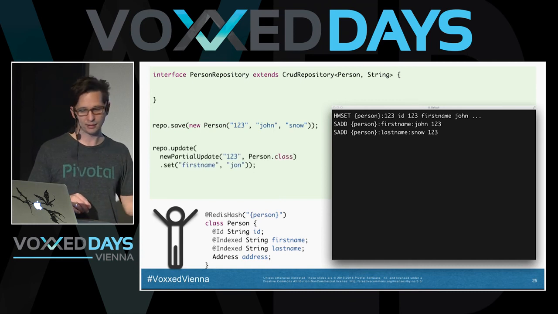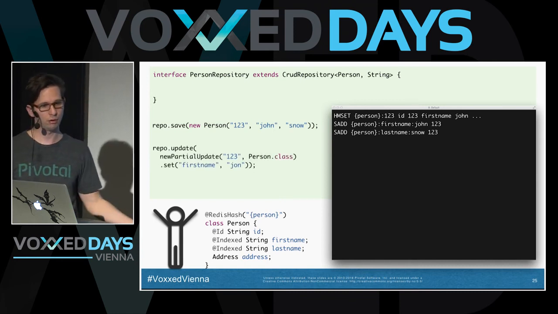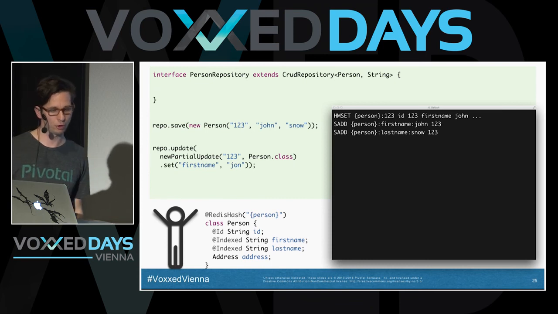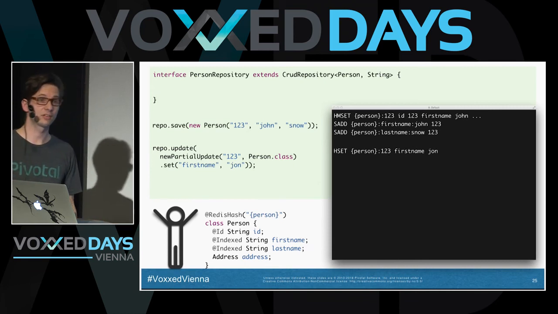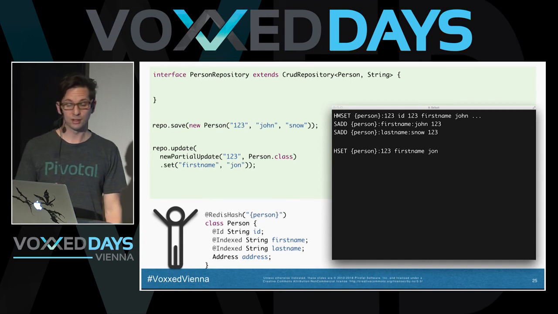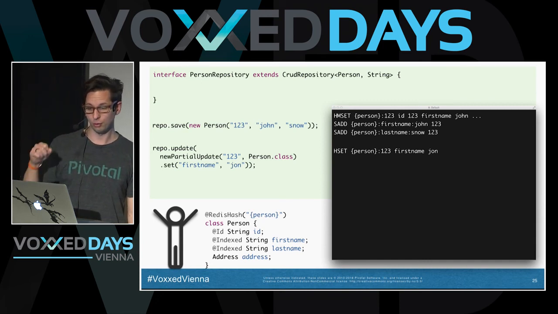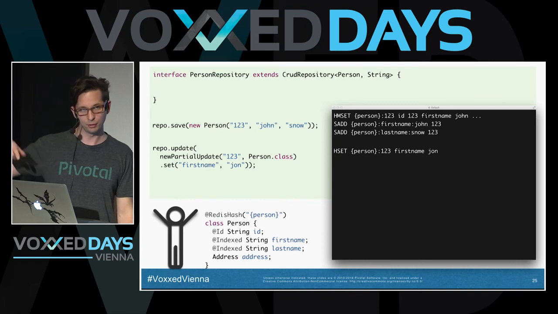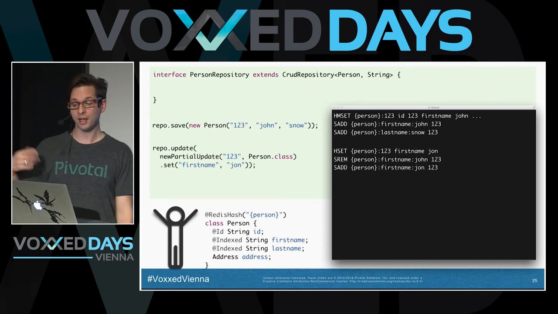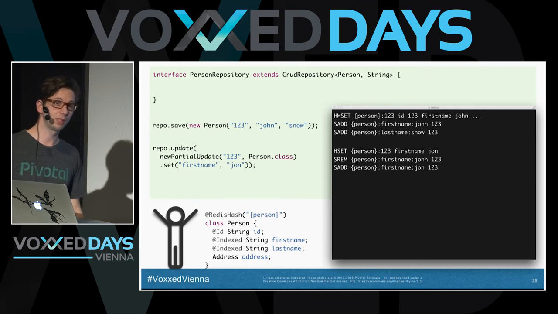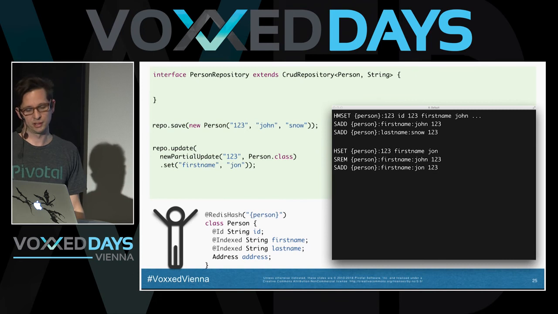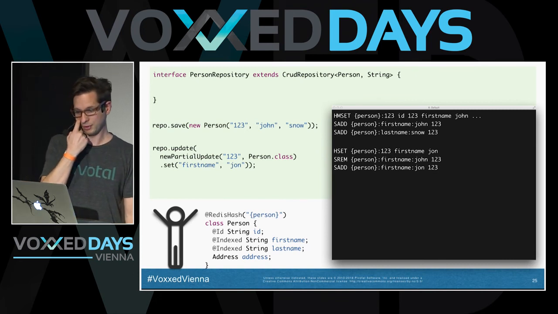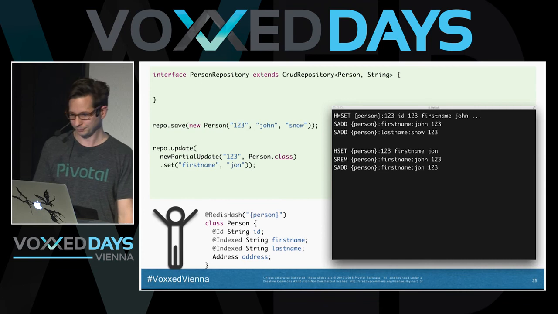It can also handle something called partial update, so you can call repository update, give it a partial update that sets the first name, because you had a typo in there. And what this does, it detects that there is an index on that first name. So it will first set the value within the hash that you have, and it would then go on and remove the old value from the already indexed stuff and add it to a new index or an existing one, depending on whether there's already someone with that name.